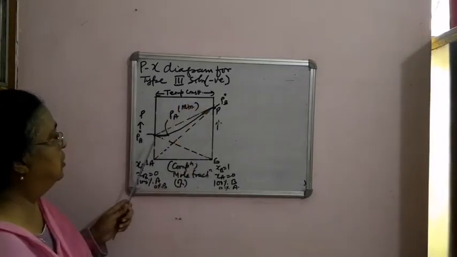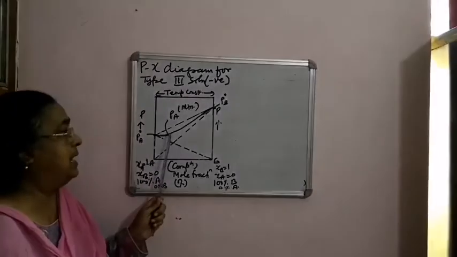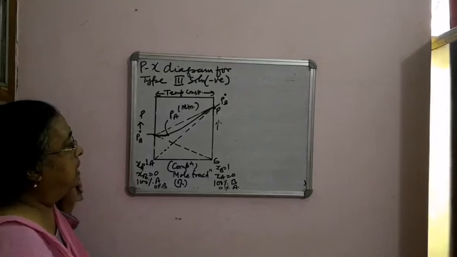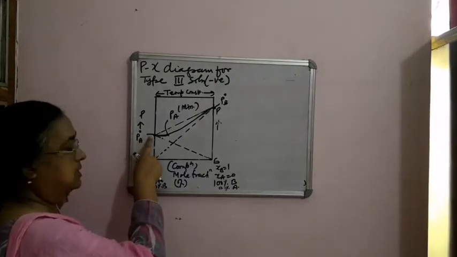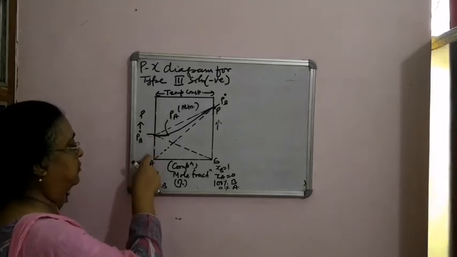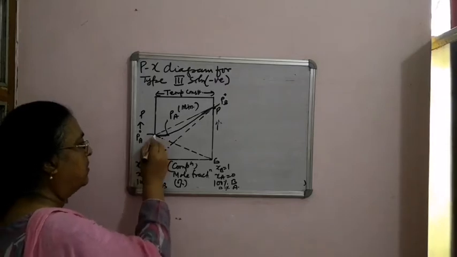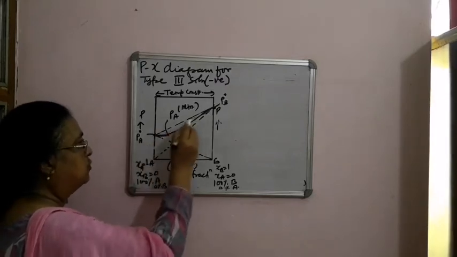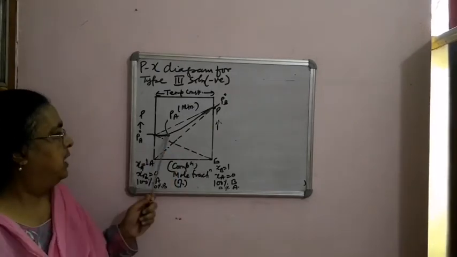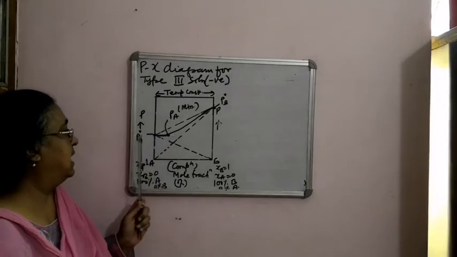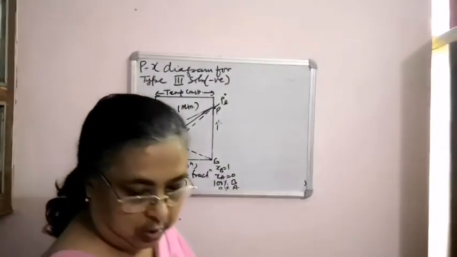So vapor pressure of the solution at this point is minimum, less than the vapor pressure of the pure component which is less volatile. Vapor pressure of this component in the pure state, which is less volatile, is so much. So when it is forming solution with B, then solution will have at this point its vapor pressure less than P naught A value.